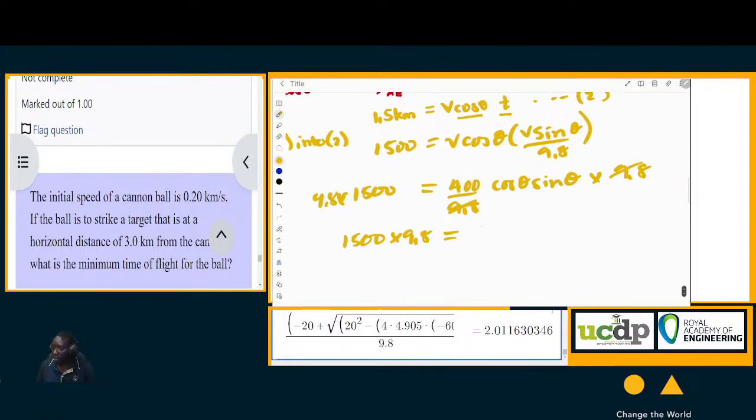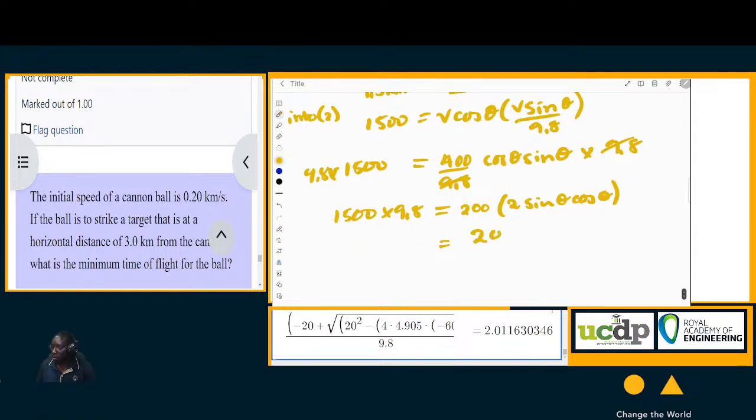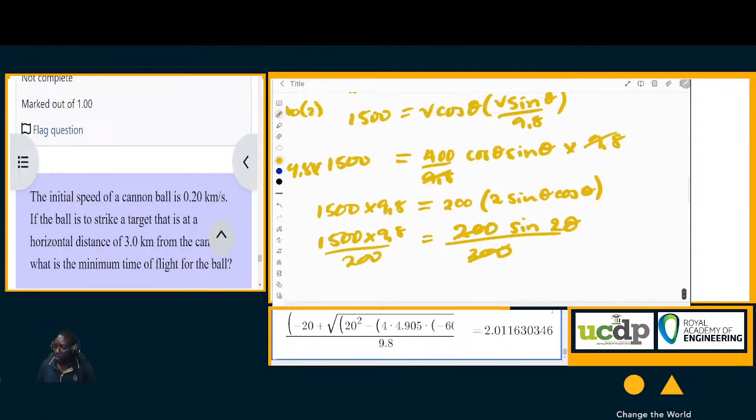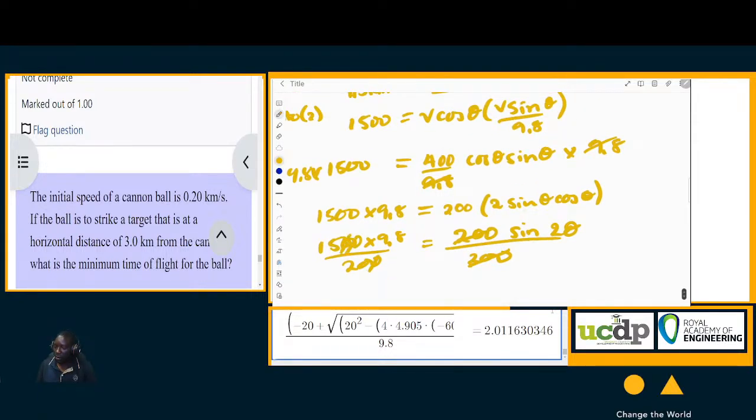Then this is equal to 200 times 2 sin theta cos theta, which is 200 times sin 2 theta. If we divide again by 200, we've got 1500 times 9.8 over 200, which is 15 times 9.8 over 2.